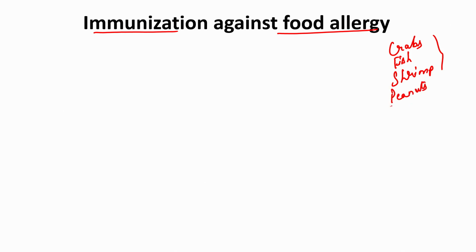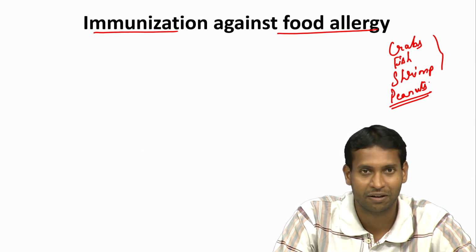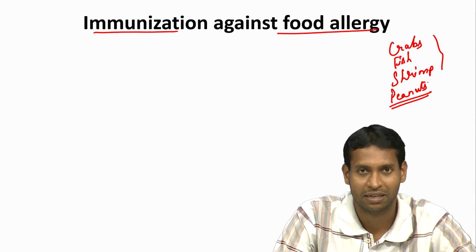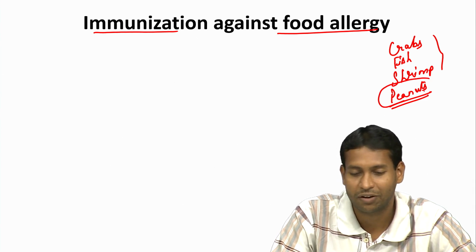This is a big problem actually in western countries, where quite a few people, if they ingest peanuts, get a huge anaphylactic shock, they are unable to breathe sometimes, and a lot of people actually die because of that. So, we will look into how this food allergy can be tackled.